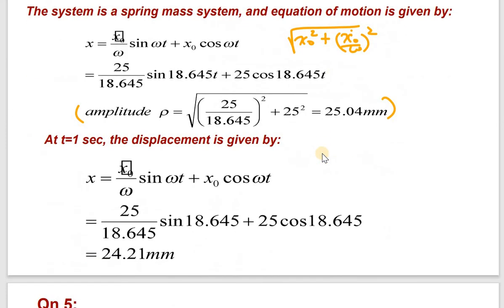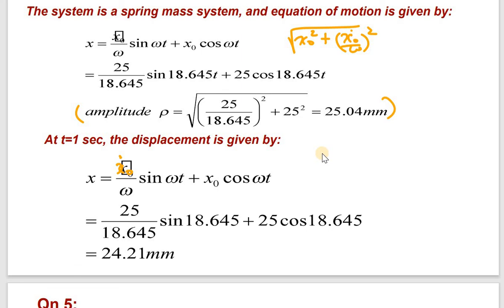Next one, what is the displacement at t is equal to 1? In this equation, now I know what omega is. This represents x dot by omega sin omega t plus x0 cos omega t.